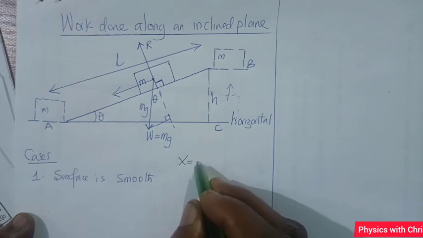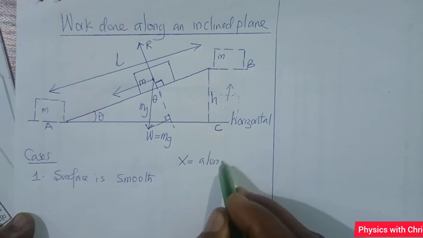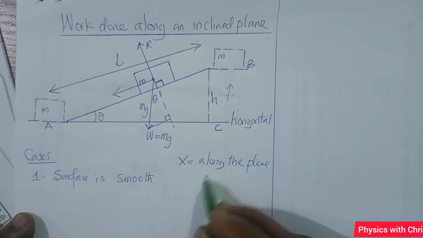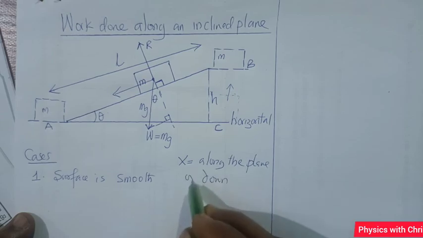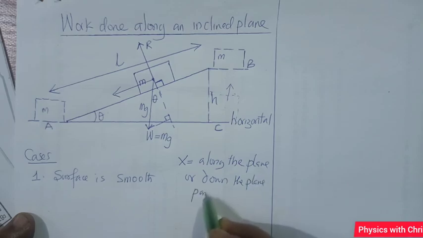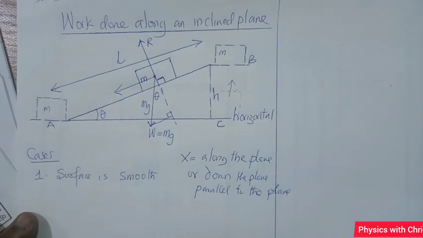We can call that the component of the weight acting along the plane, or acting down the plane, or acting parallel to the plane. So that is the x component of the weight mg.